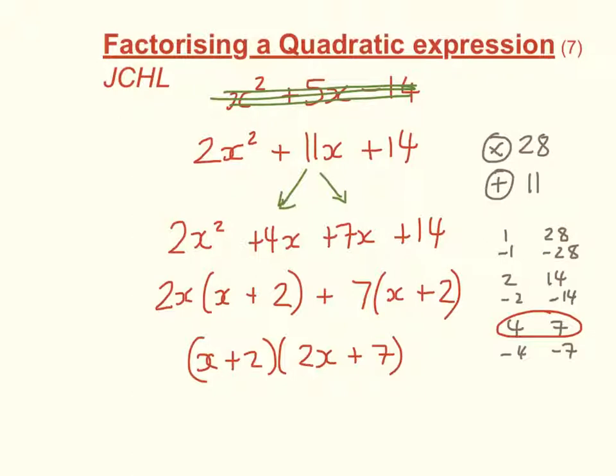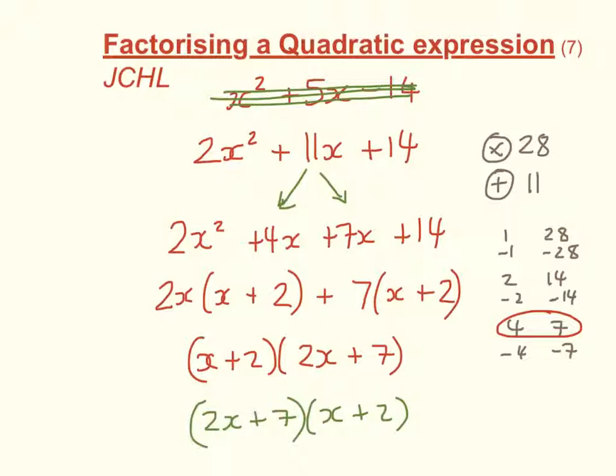And one final point to make is that these two factors that multiply together to make this string of 3 algebraic terms can be written both ways. So it wouldn't be uncommon for you to actually see the factor that has an x coefficient that's not 1, in this case 2x, put first.